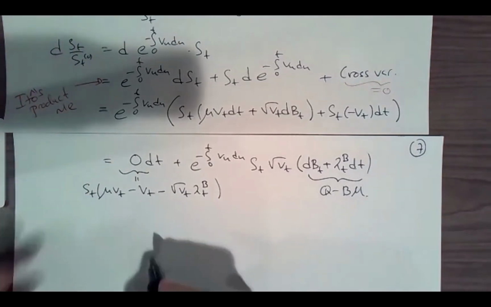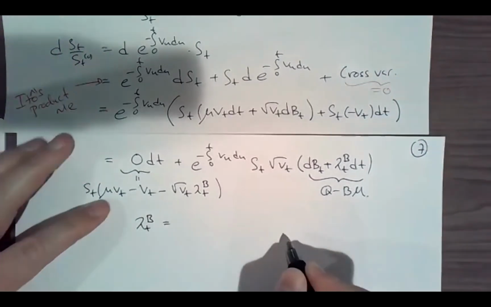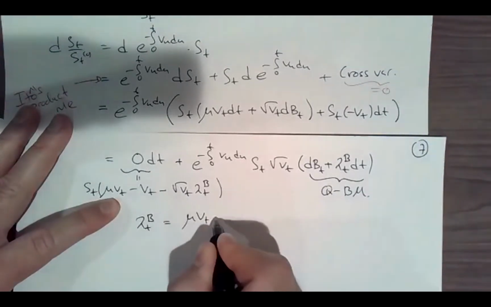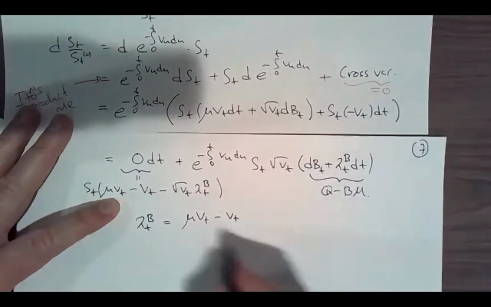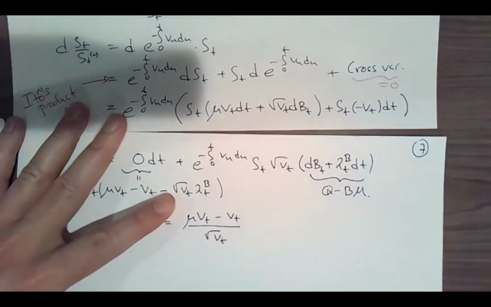And I solve: I get this one is equal to mu Vt minus Vt divided by square root Vt.